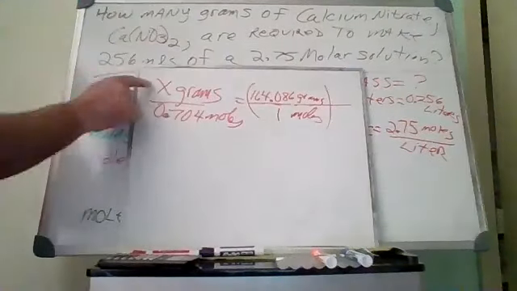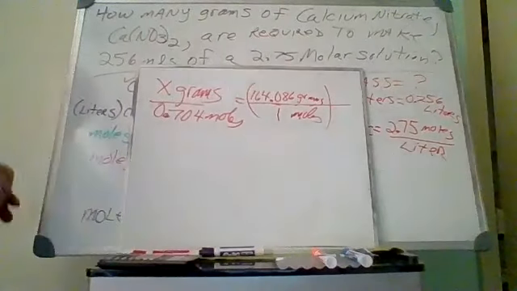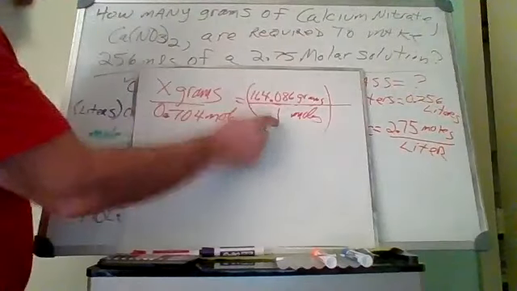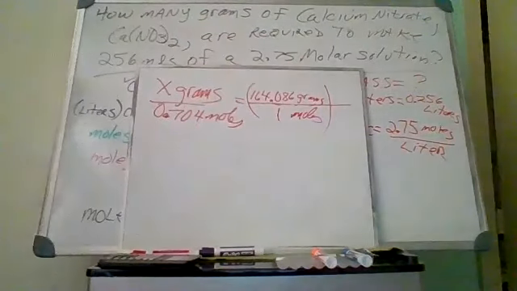Okay. So again, we copy the units over to the other side, and then we ask the question: how many moles in 1 mole? How many grams are in 1 mole?